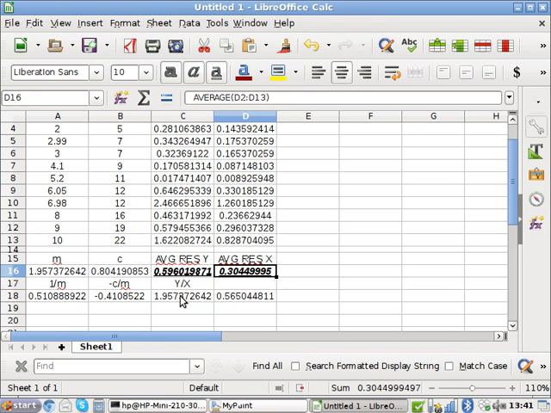C16 over D16. Okay, can I see the formula again? Which one? This one? Yeah. Continue.